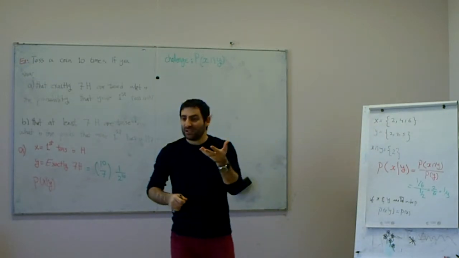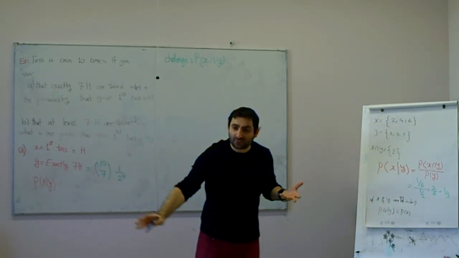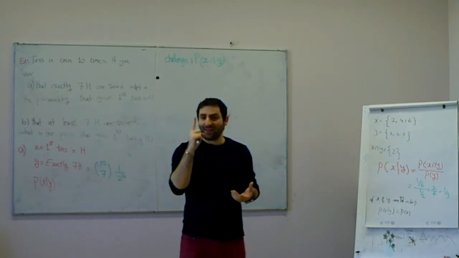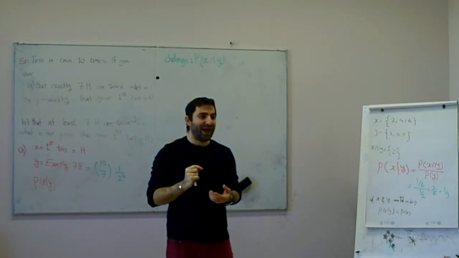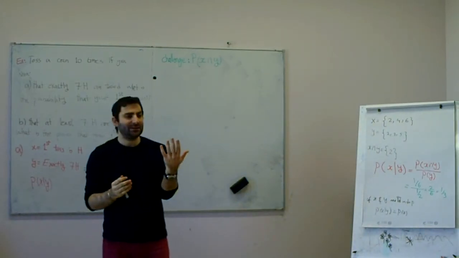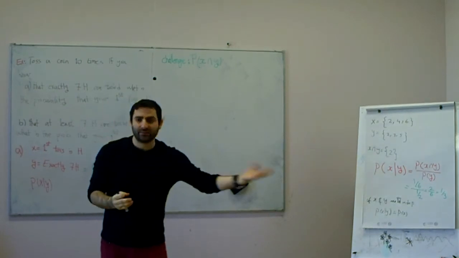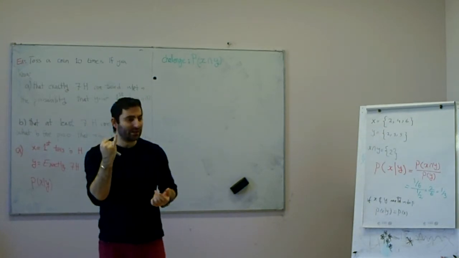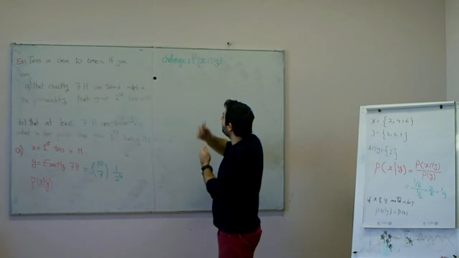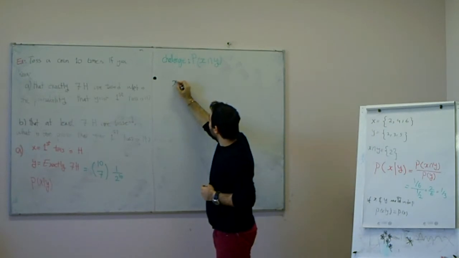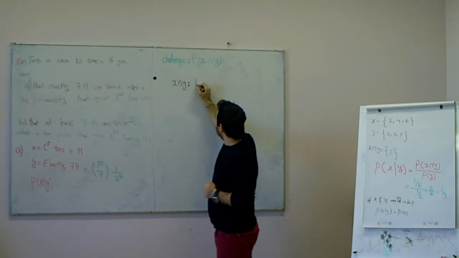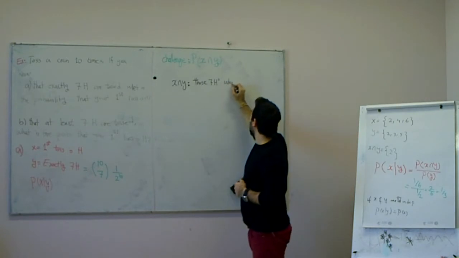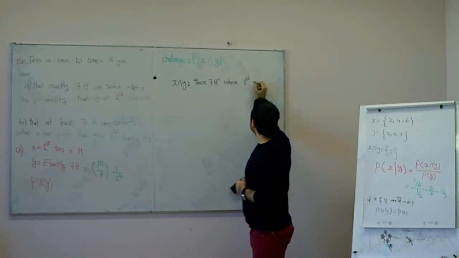It means those combination of 7 heads, that the first one is head, because we can have 7 head in this form. Tail, tail, tail, the rest head, right? We can have tail, head, tail, tail. In other words, the first one is not head. So, what does this mean? This means that those 7 heads whose first is head.